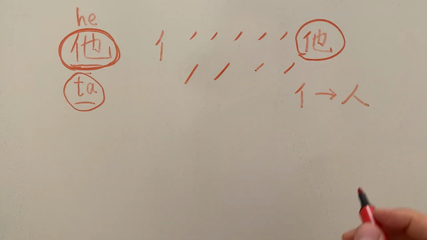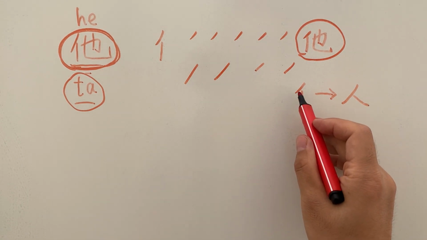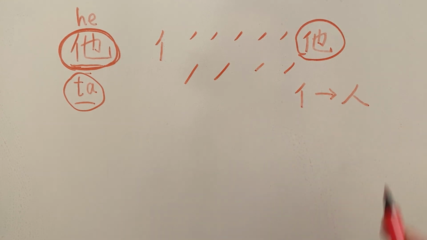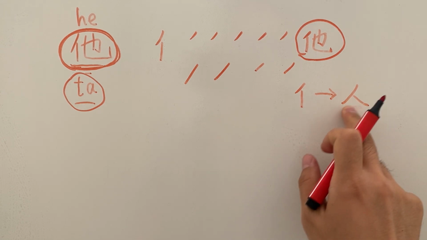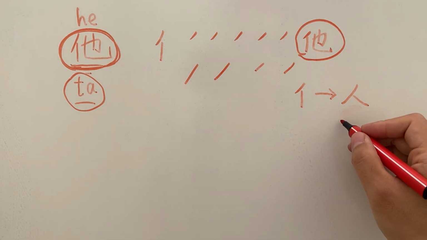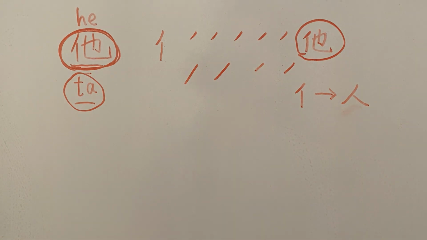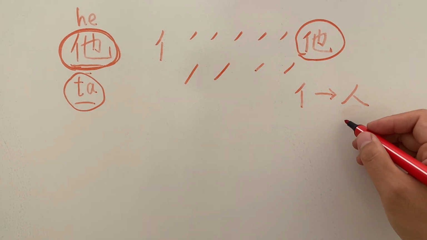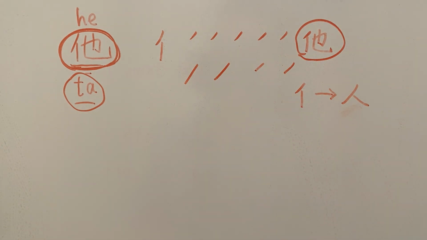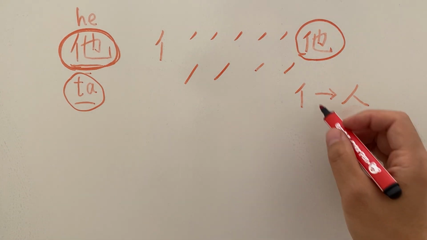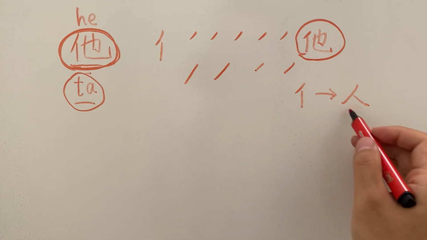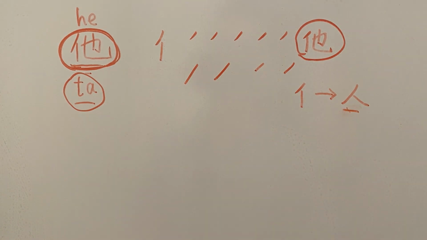You can see the connection, right? 人 means people or human beings. So he is a person, a human being. So the left part means person.